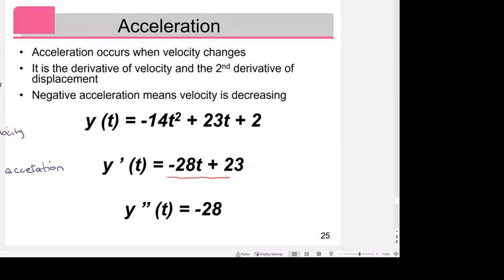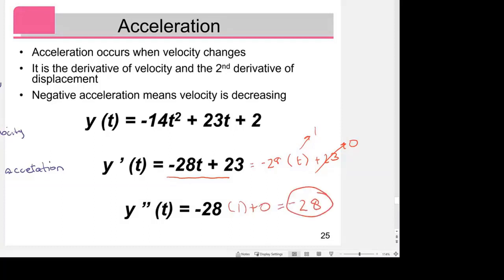Again, I can take out the minus 28, and then I have times t plus 23. And 23 is a constant, so it goes to 0 when I take the derivative. And t, the derivative of t, is 1. So I have minus 28 times 1 plus 0, which equals minus 28.